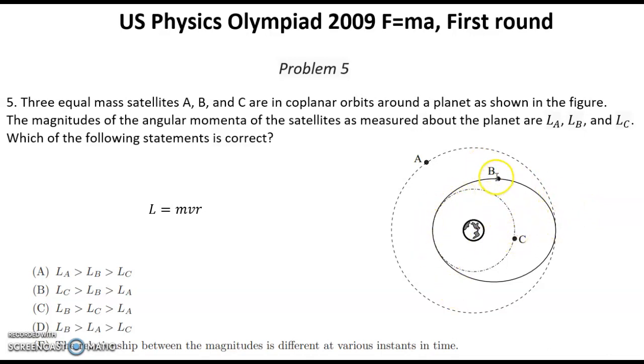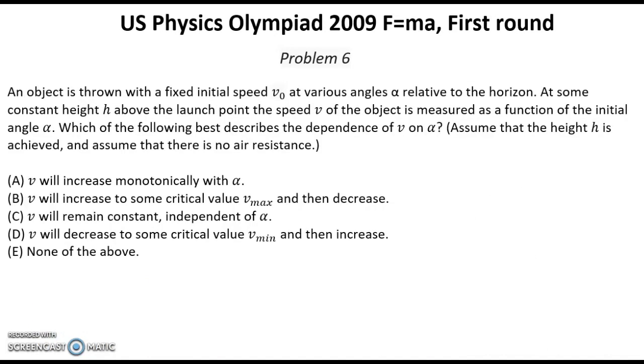That means that angular momentum for B greater than for C. And we can just write this relation that LA greater than LB greater than LC. This is the answer for problem 6.